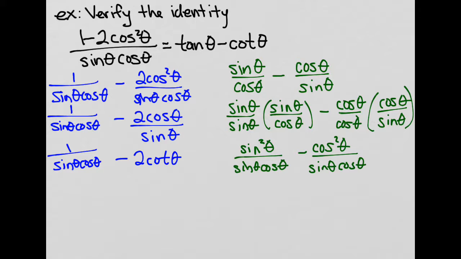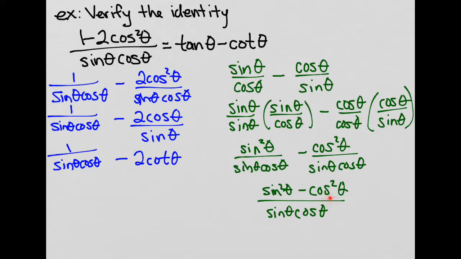Okay, we can combine those over 1 sine cosine. So sine squared theta minus cosine squared theta over sine theta cosine theta. If we look at what we're trying to get it to equal, we want it to be 1 minus 2 cosine squared theta.